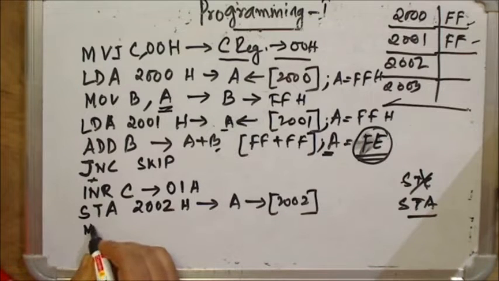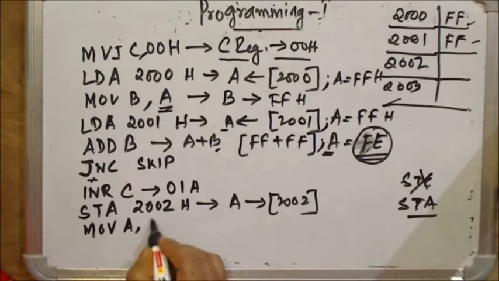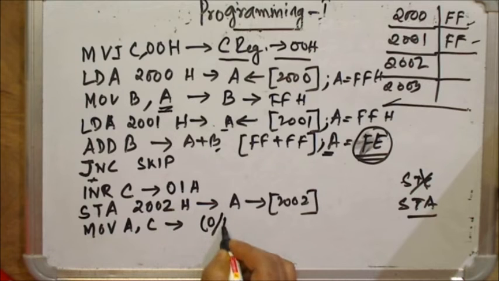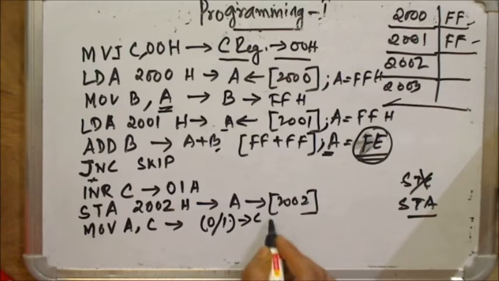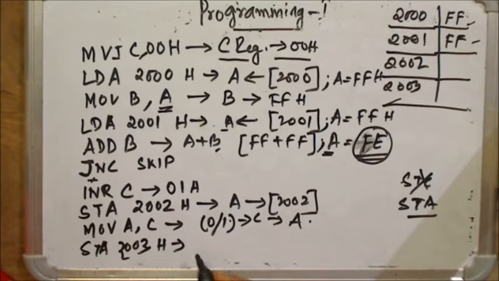So you have to move the status of the carry from C to A. Whatever data is there in C, either 0 or 1, will move to A. So our carry has come to A. Now we can write STA 2003H. Whatever data is there in A, either 0 or 1, the status of the carry, will be stored there. And then we will end our program using halt.